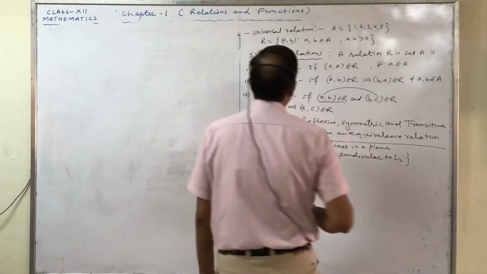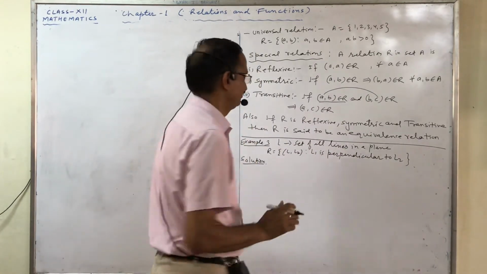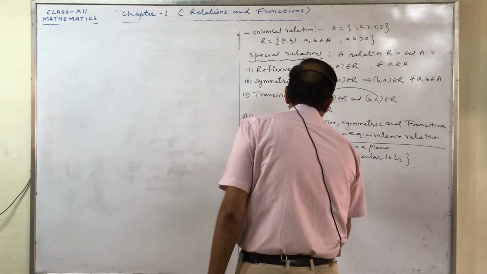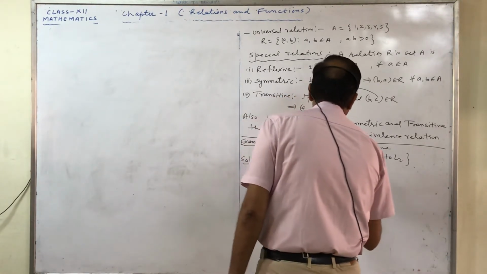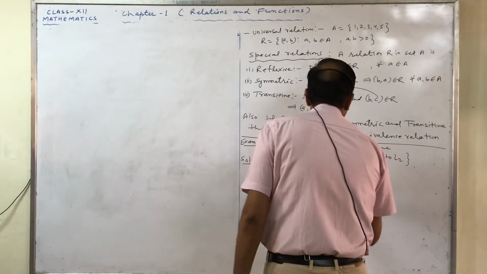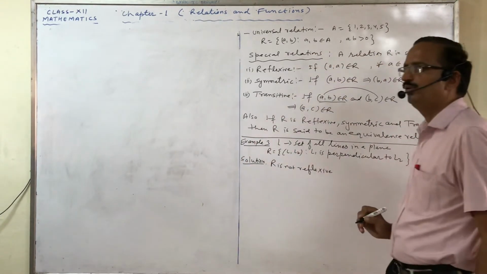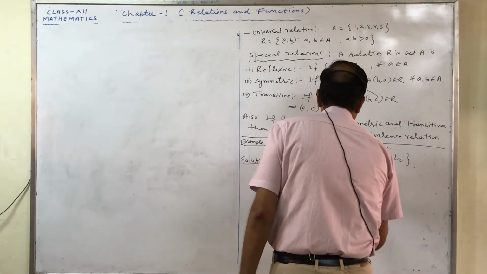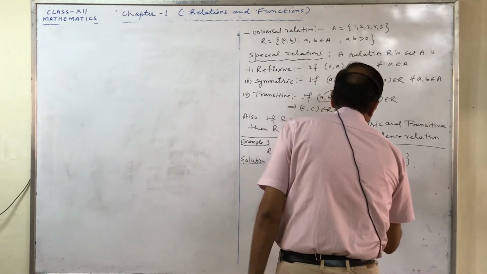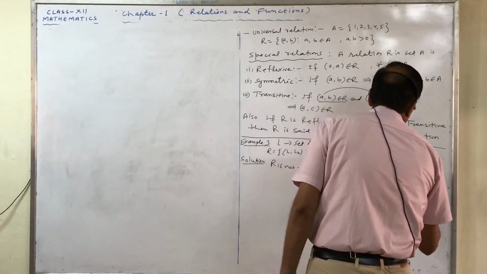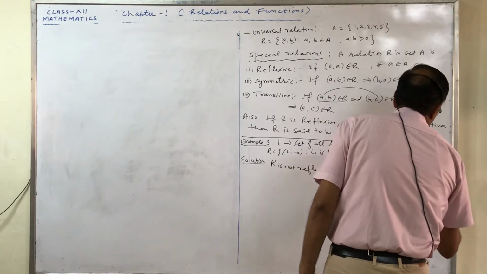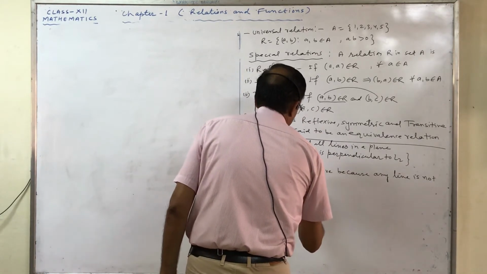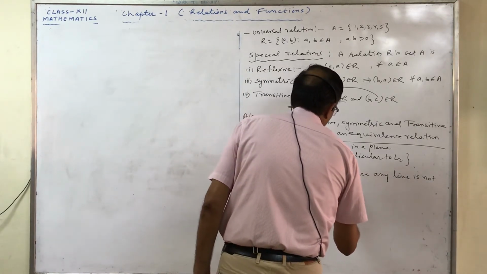So it means R is not reflexive. Why? Because any line is not perpendicular to itself.